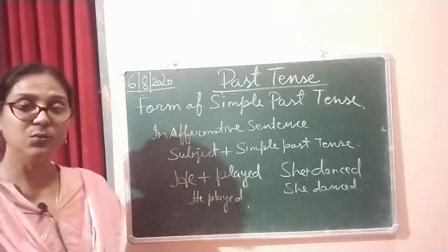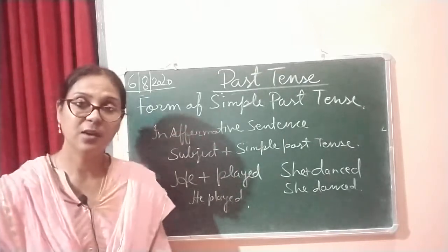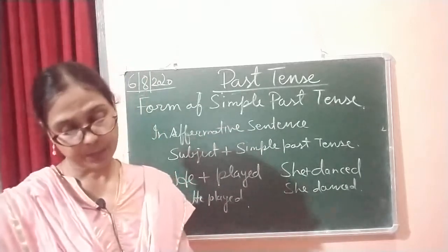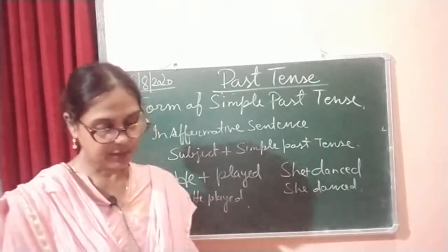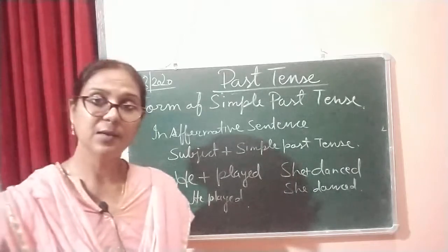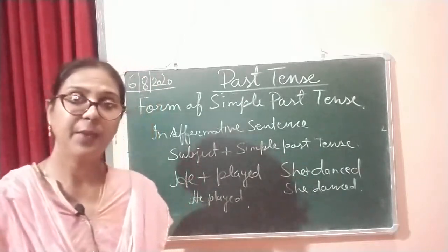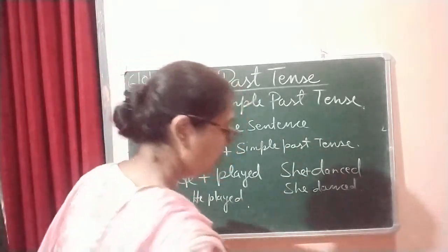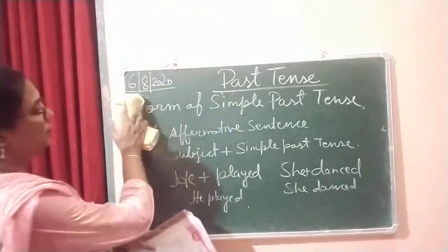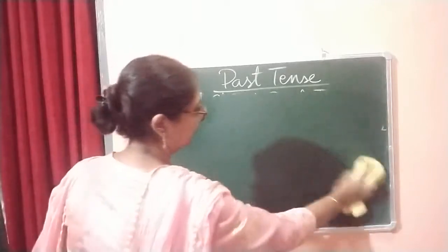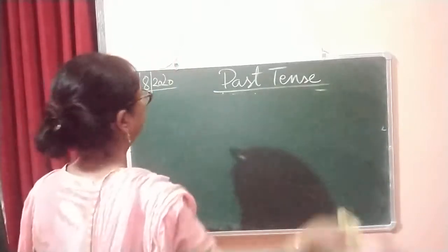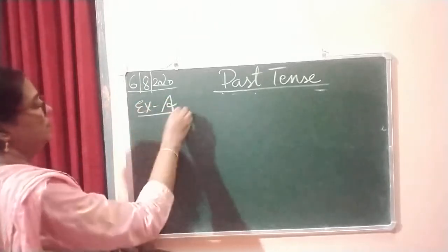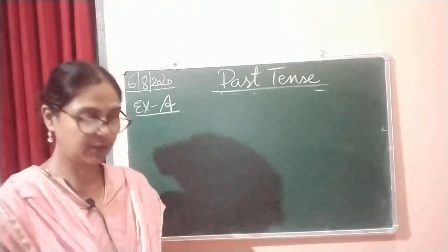Now we are moving to exercises which are given in your book, which are based on simple past tense. Page number 72, exercise number A, which is based on simple past tense.